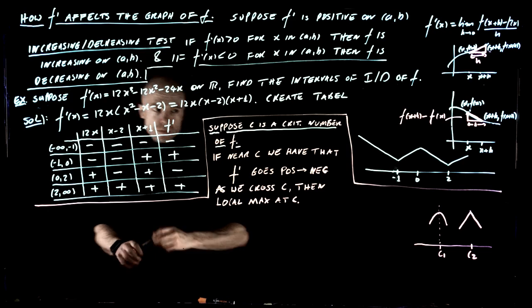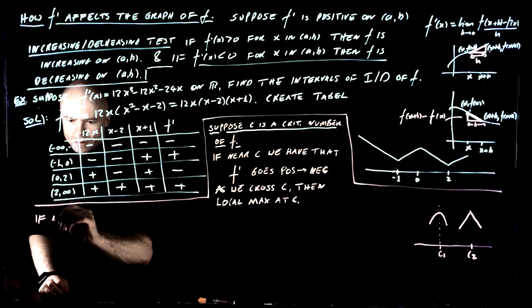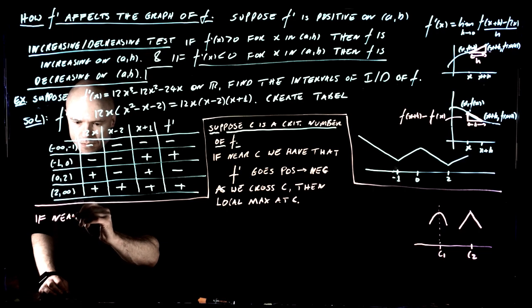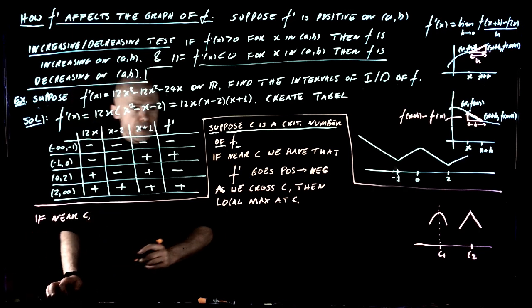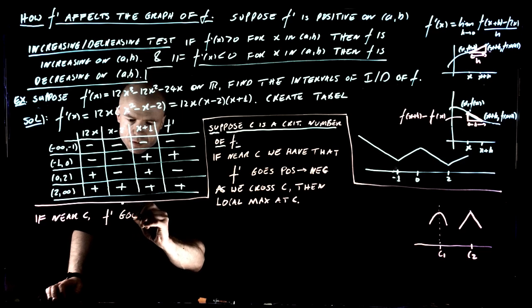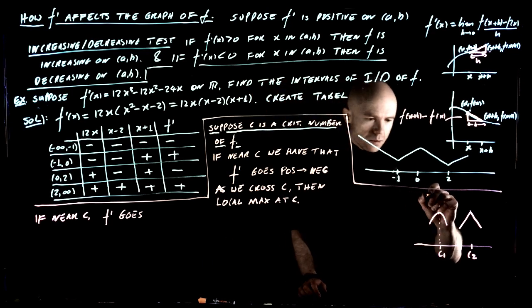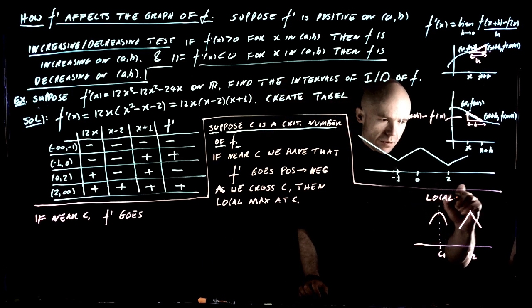Now, on the other hand, if near C we have that f prime goes... let's figure out what happens if we have a local min. So this is local max.